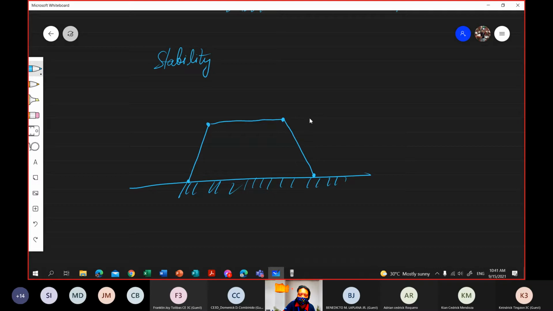Say for example, we have a force here and a force here. Because of these two forces, this is how the structure behaves. Take note this is a pin, meaning it can rotate. These are hinges or pins, so it can rotate.